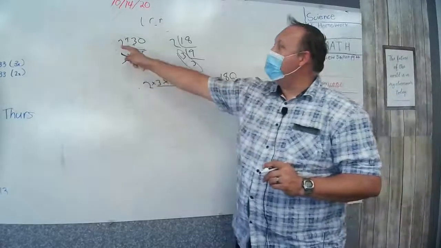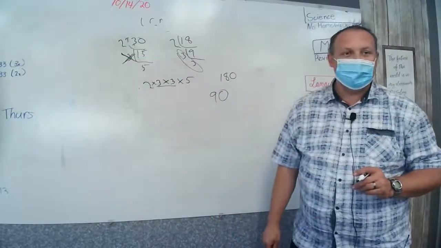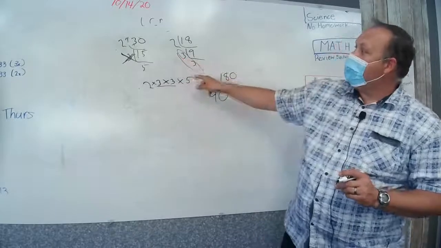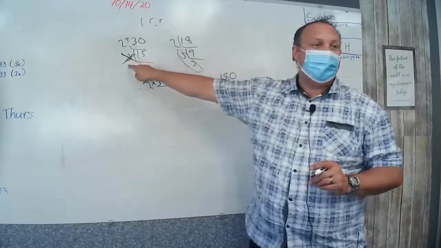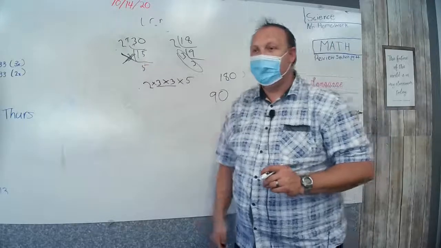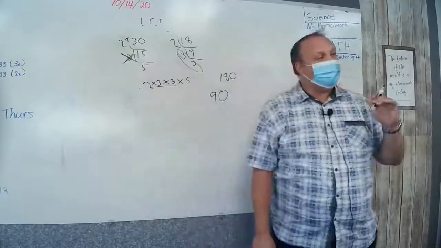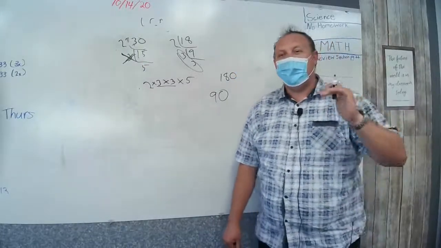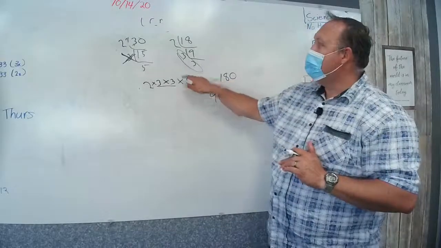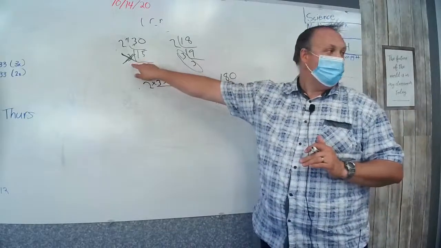So I have to make sure I use every factor at least once, and the factor I use the most, I don't have to use from the other number.